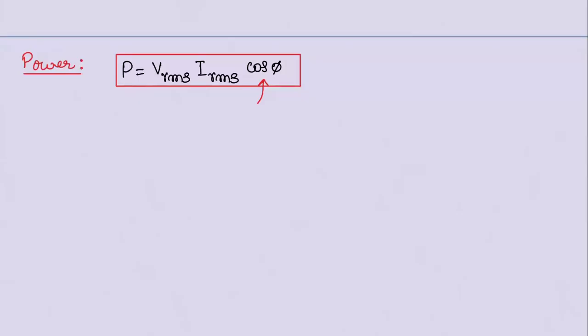That cos phi is called power factor because this phi will decide how much power will be there. Of course, VRMS and IRMS are both required for the power, but still the cos phi will decide the power. So we call it power factor.